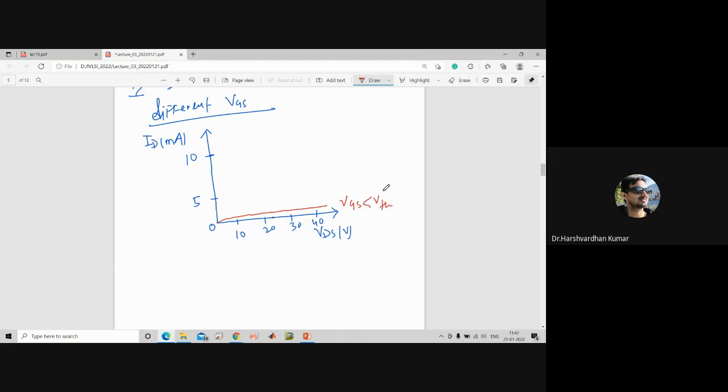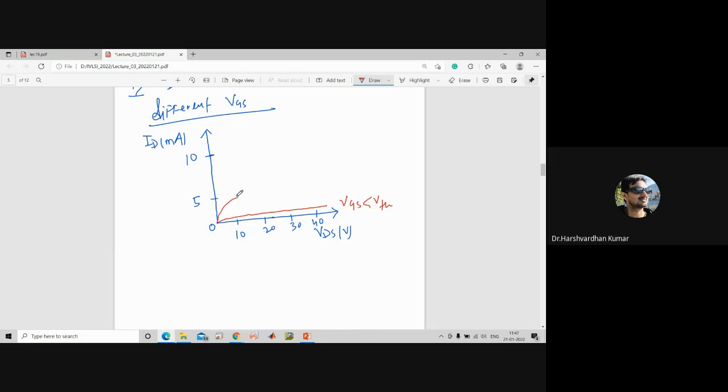What will happen if we increase the VGS greater than VTH? Then there will be an increase in the drain current, right? So let us draw the current for VGS greater than VTH. For this region, from 0 to 10, you can observe an increase in current, right?